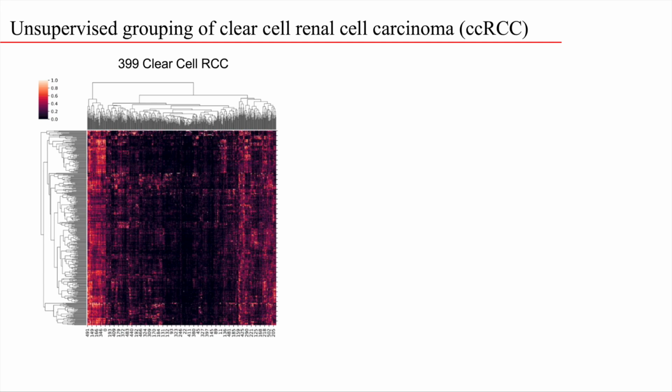To take it one step further, we said, okay, well, if it can differentiate the biology of different types of renal cell cancer, can it differentiate distinct biology within a single type of renal cell carcinoma? So we took 399 cases of clear cell renal cell carcinoma from the Cancer Genome Atlas and asked our brain tumor educated classifier to group them based on the morphologic features that were shared across different types of tumors.